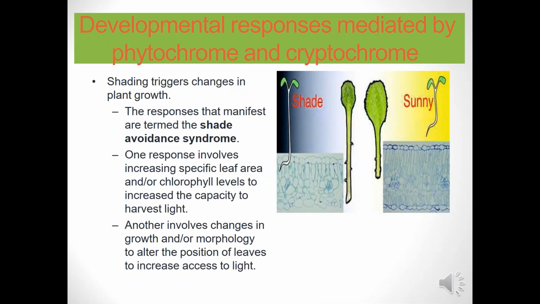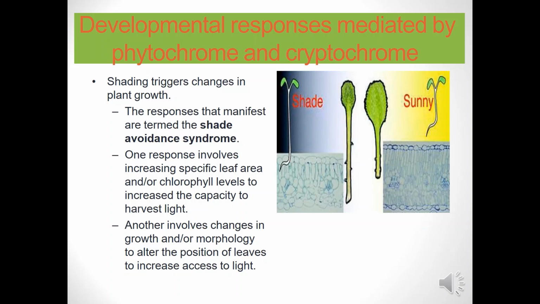Now we look at how shading triggers changes in plant growth. If a plant experiences a shading effect, it will show the shade avoidance syndrome. That is the name for the response toward the shading effect. One of these syndrome responses is an increase in the specific leaf area, which increases the surface area of the plant, and at the same time the chlorophyll level also increases.